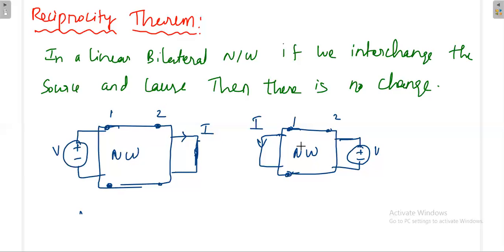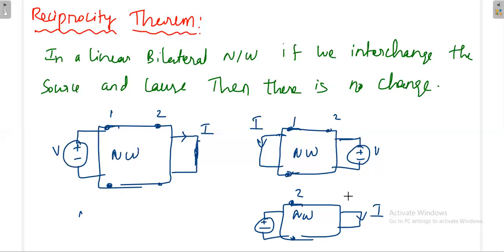If you imagine it visually, I can write this network like this. Because I'm applying the input here, I can flip the network, and I can apply the voltage, and again I'll get the same. That means you can either interchange your input and output, or flip the network.